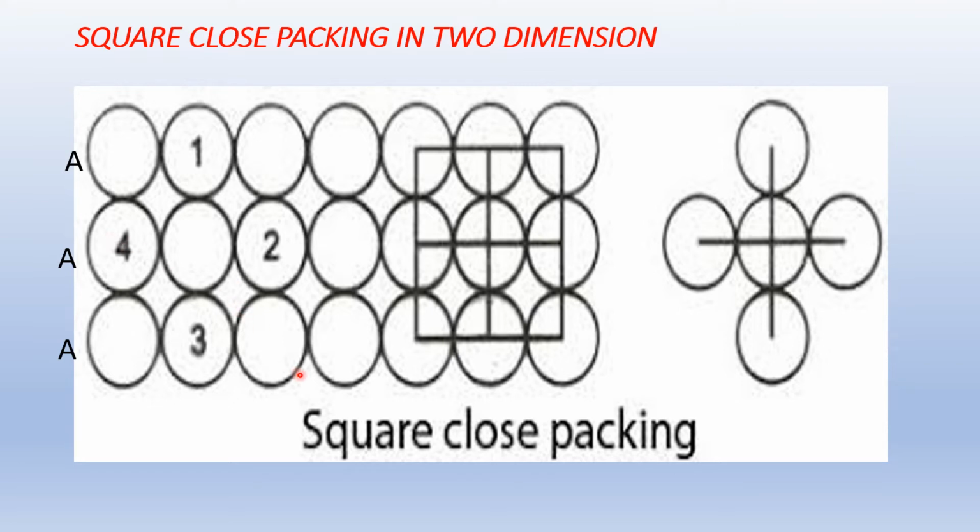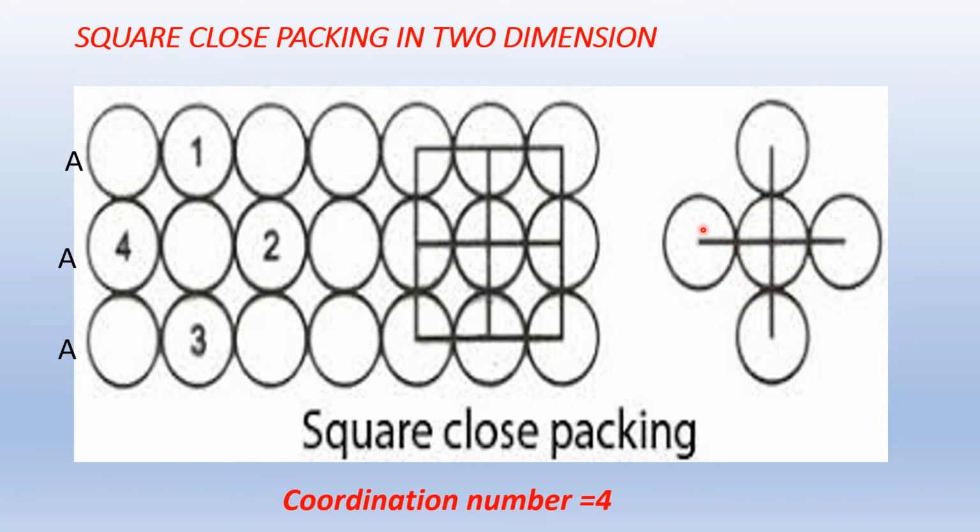These are shown diagrammatically. You have to understand here, that is square close packing. Square means simple, this is the one center point with four coordination number, 1, 2, 3, and 4. One sphere or one atom is attached to four different coordination numbers.